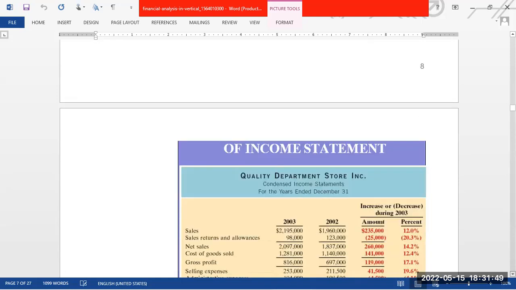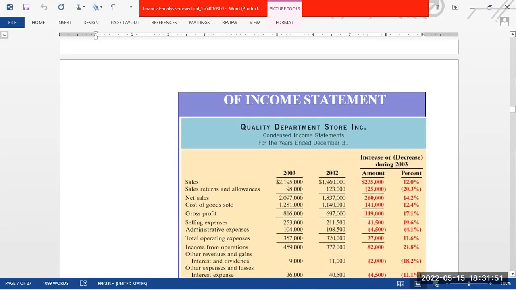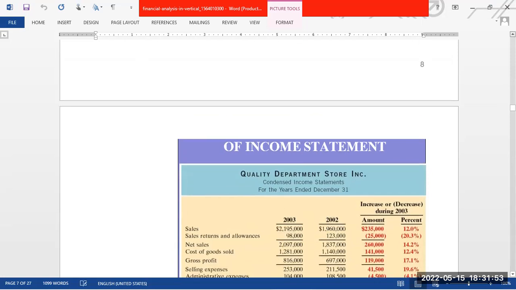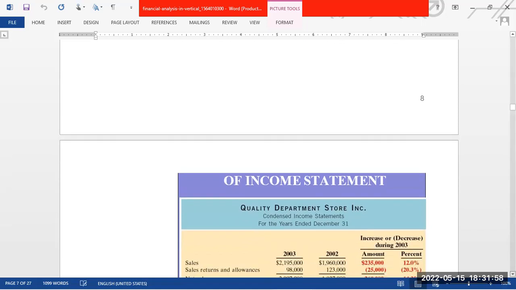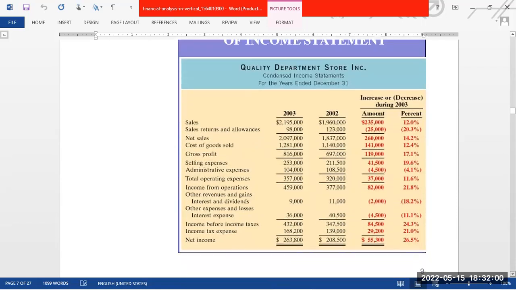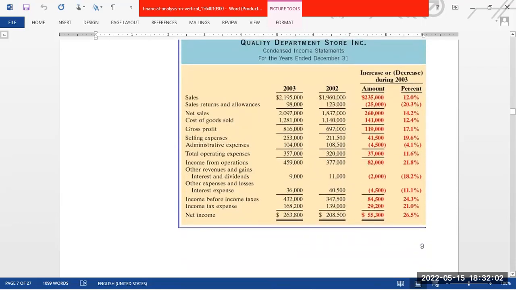That one we were doing in a balance sheet, but you can also do the same in an income statement. For the income statement, you apply the same. 2002 is the base year, 2003 is the current year.